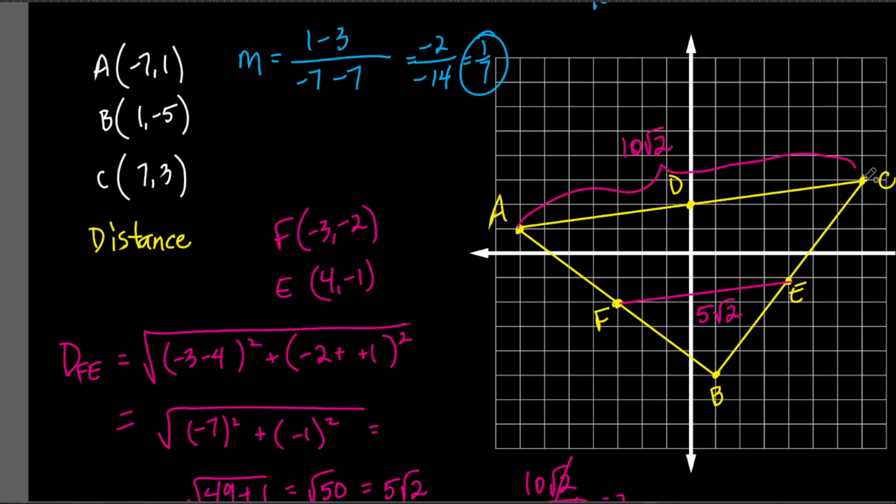That's still a slope of 1/7. Agreed? So what do you think the slope of FE is? If you wanted to count, you could. Watch. Go from F to E. So I rise 1 and I run 1, 2, 3, 4, 5, 6, 7. Right there. There's 1 over 7. So the slope of FE and the slope of AC are exactly the same. That means that AC and FE are parallel to each other.